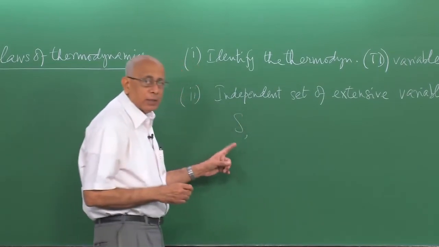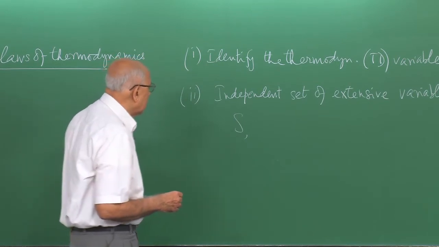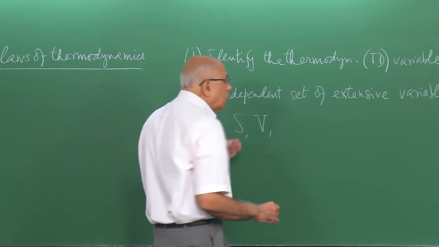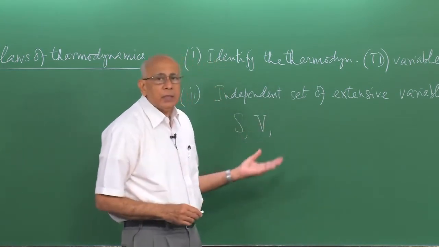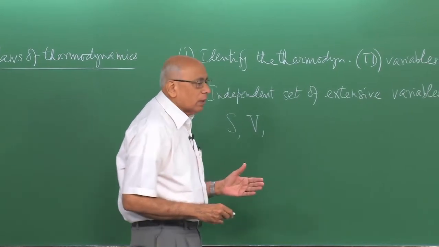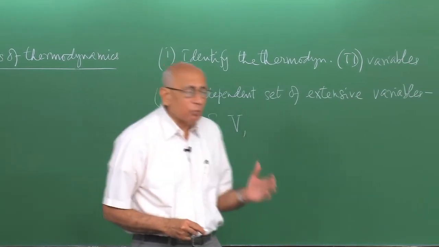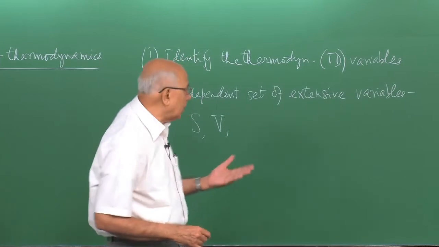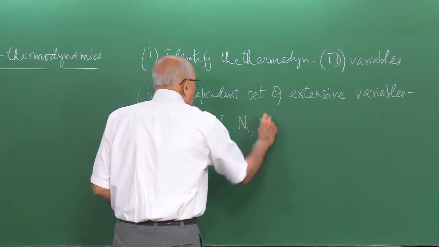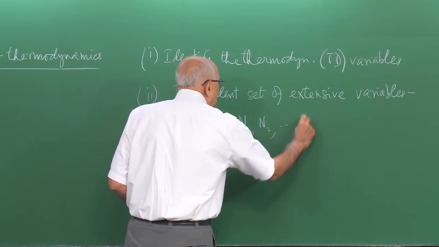We will come back to this and explain a lot more about this, together with the volume of the system, and then you have to specify how much of each of the substances there is. So in some sense you need to know the numbers of moles of each of these chemical components, or the number of particles of each molecular species. Let us call them N1, N2 up to N sub r.